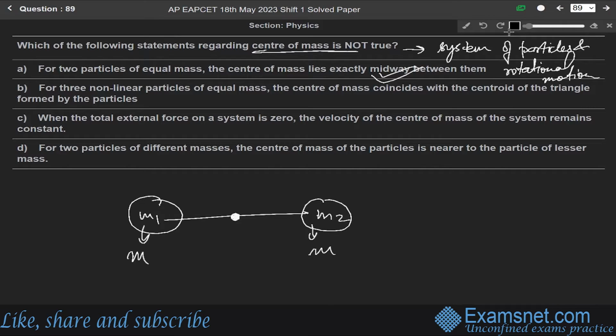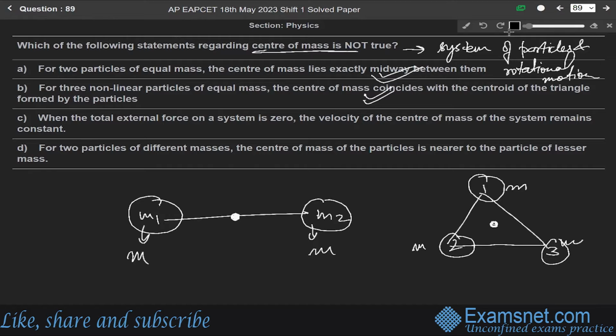Second statement: for three nonlinear particles of equal masses, the center of mass coincides with the centroid of the triangle formed by the particles. This is also a true statement. If there are three masses, 1, 2, and 3, each having mass m, forming a triangle, their center of mass will always lie at this point, the centroid of the triangle.